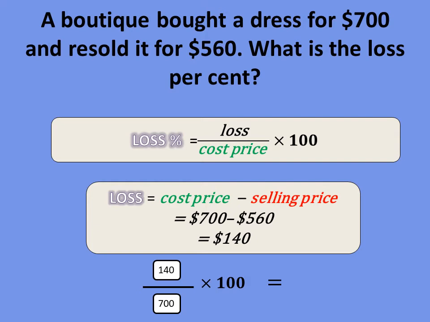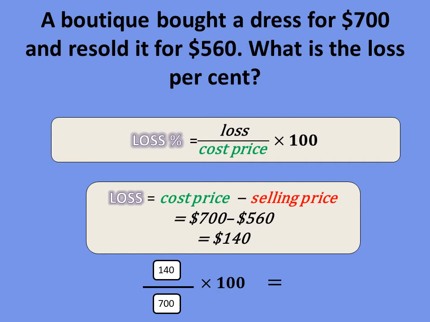After we divide our 140 by our 700, what is it that we get? You're going to get a decimal. Just use your calculators. So type in 140 divided by 700.